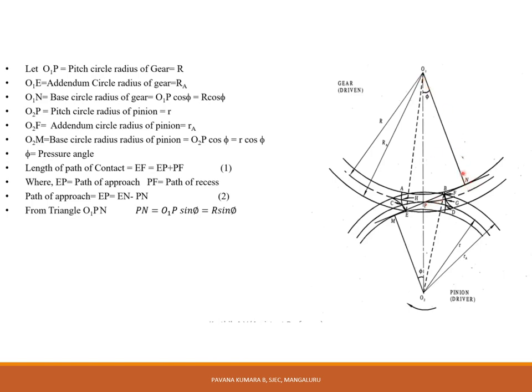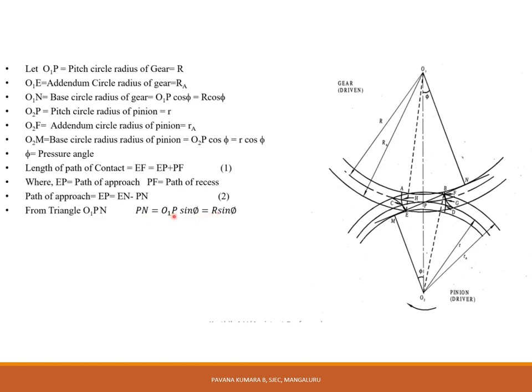The adjacent is O1N if you want to write cos phi, and the hypotenuse is O1P. We need PN as well as EN. So PN is the opposite side. Sin phi is opposite divided by hypotenuse, so the opposite PN divided by hypotenuse O1P. So PN is equal to O1P into sin phi.